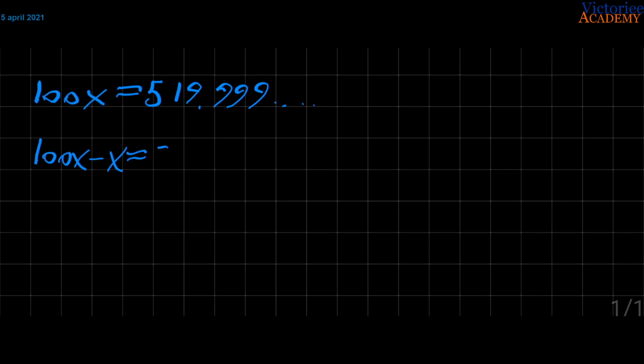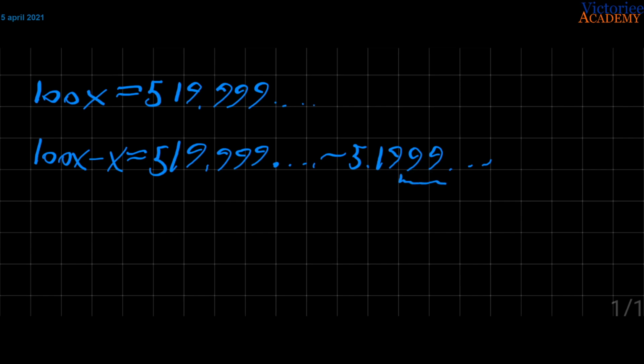Then we get 519.999... minus 5.1, and then the infinite series of 9s. This is because this part here will cancel out this infinite part here.